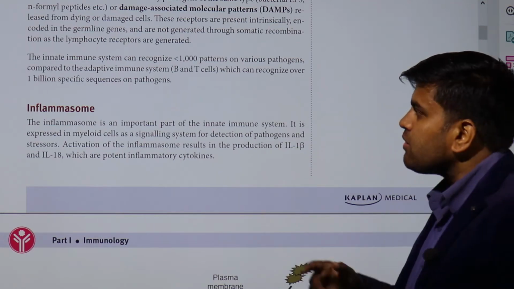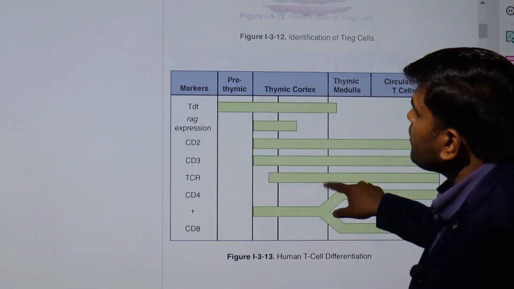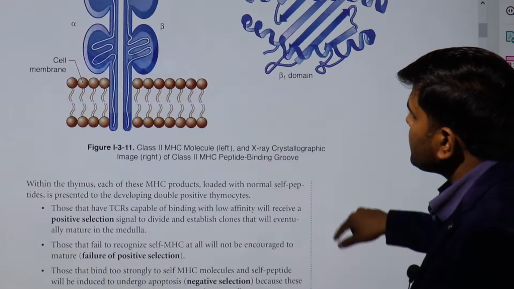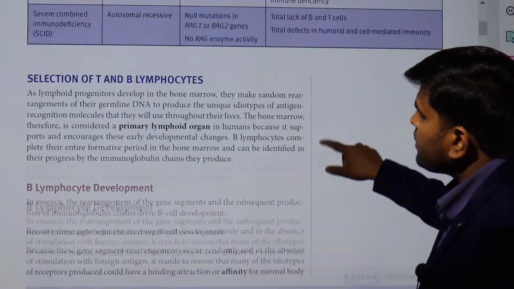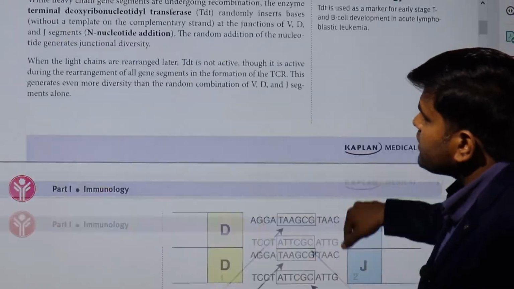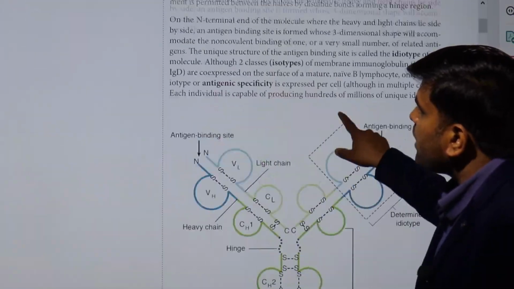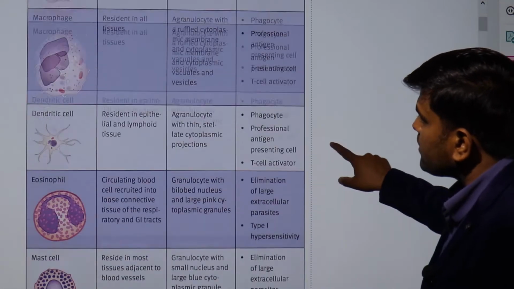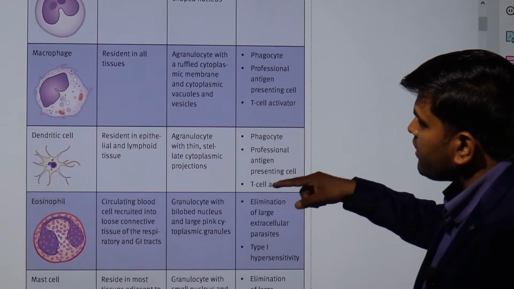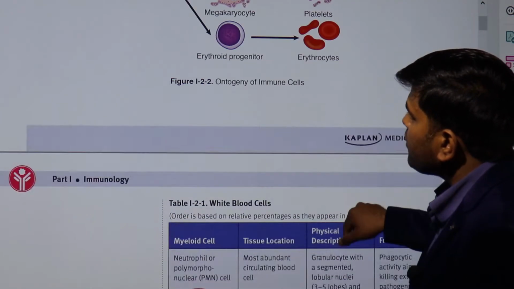We have talked about lymphoid and myeloid cells, so you can remember all these things, the lymphoid and myeloid origin. The lymphoid cells are the T and B cells that you already know, but coming out of the myeloid cell we have the myeloid series, that is neutrophil, macrophages, monocyte, dendritic cell, eosinophil, mast cell and basophil, which we have talked about.